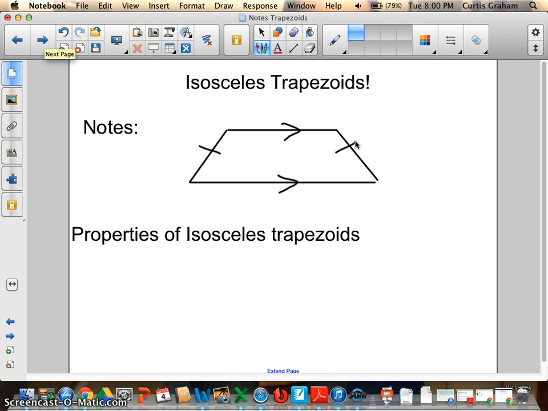The base angles are congruent, so that means these angles are also going to be congruent as well. The adjacent angles on the side, on the leg, are supplementary. That means they equal 180.